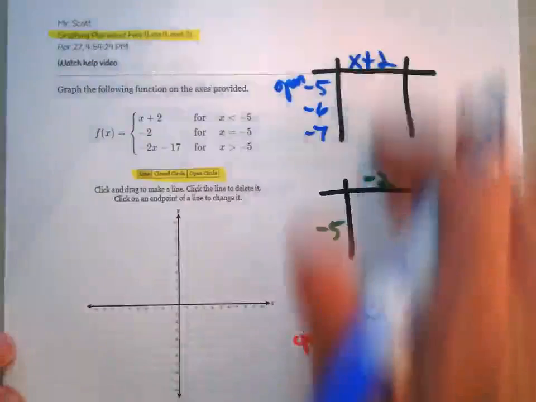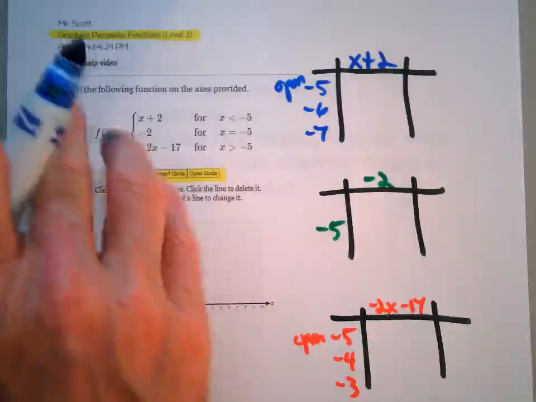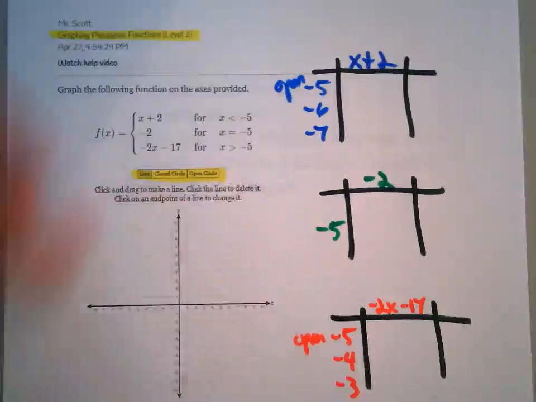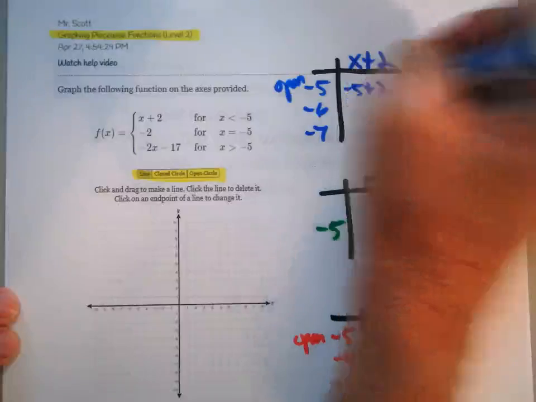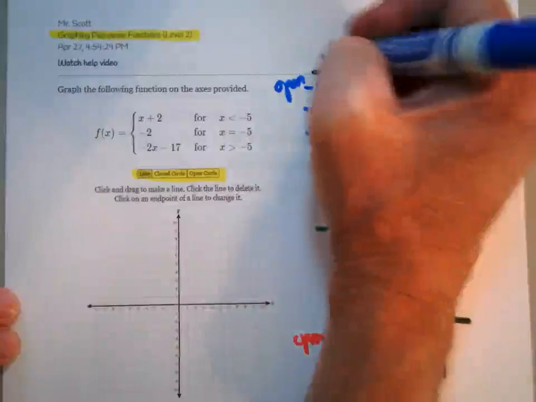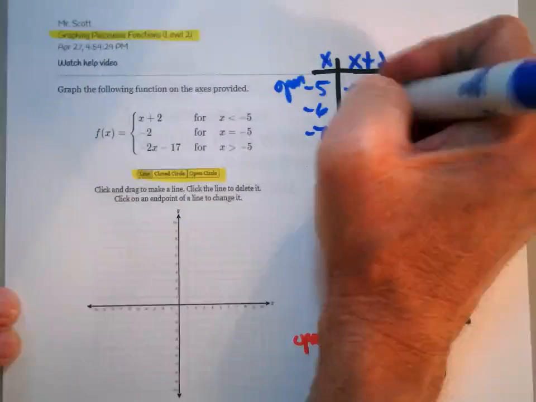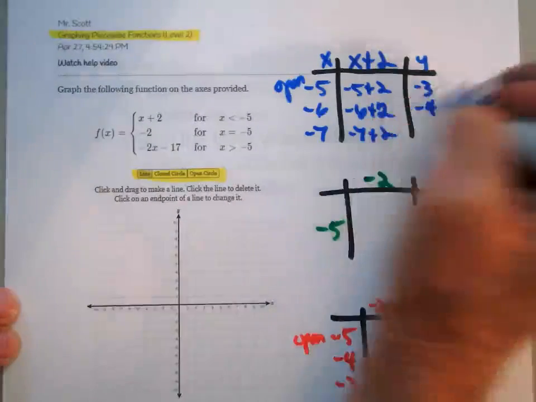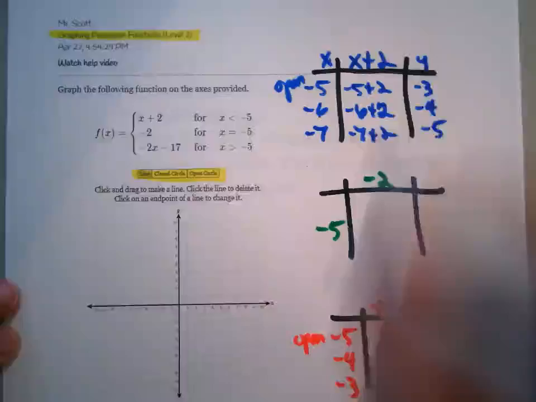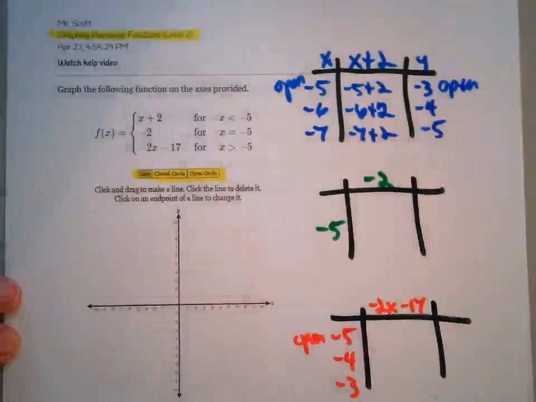So this is going to help us plot the points that we put on the graph that you're going to click these to help get created on the graph. So negative 5 plus 2 is negative 3. Negative 6 plus 2 is negative 4. Negative 7 plus 2 is negative 5. So we have an open circle there on that top problem because of the nature of the inequality.